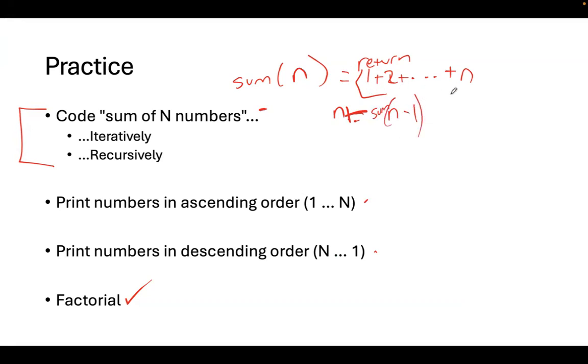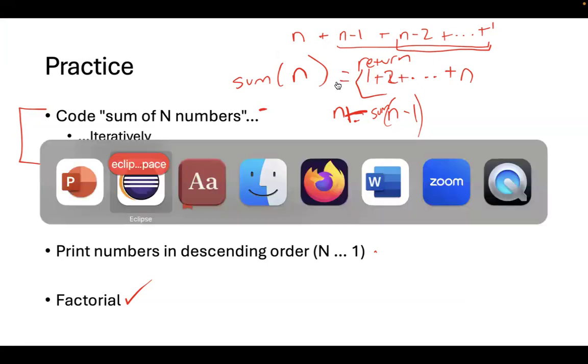Because we've got n plus n minus 1 plus n minus 2 plus so forth until 1. This is the sum of n numbers up to n minus 1. This is the sum up to n minus 2, and so on. So we're recursive. We break it down at each step like that. That's how we construct the recursive function.